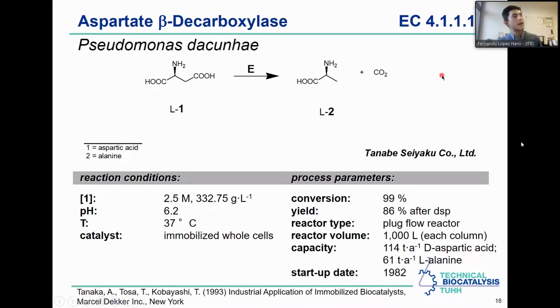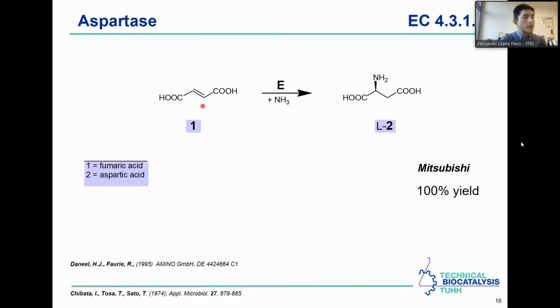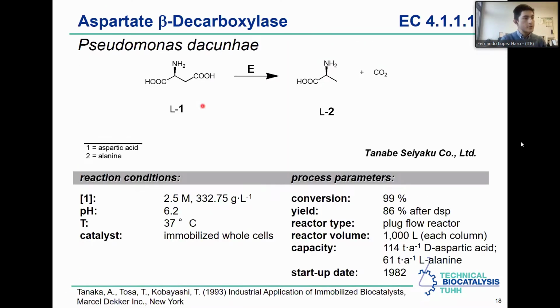Okay. So now we get to a very interesting point of lyases, because we talk about decarboxylases. The one you have in the presentation here is specifically aspartate decarboxylase. This is pretty much the same product that we had in the previous reaction.